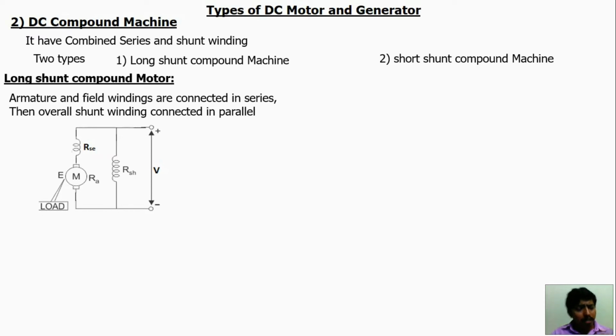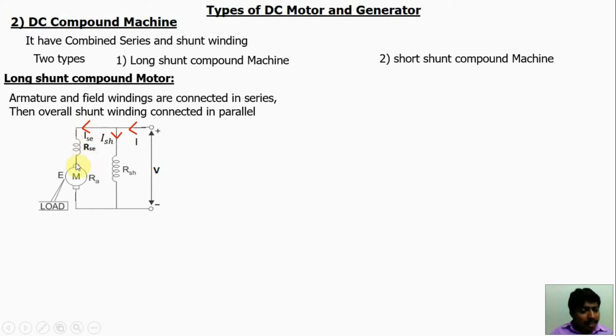Now apply current direction and apply Kirchhoff's current law, Kirchhoff's voltage law. We can get this equation. For the DC motor, input is electrical power. So this current I is divided into two parts. This is ISH, this is ISC. But this current flows towards the series winding, so it is called ISC. Okay.